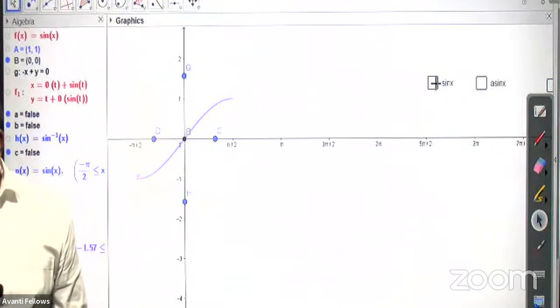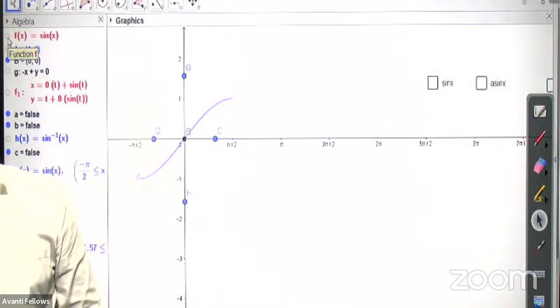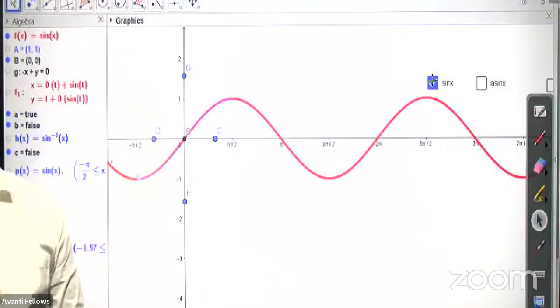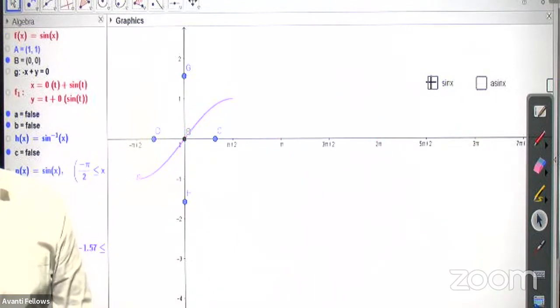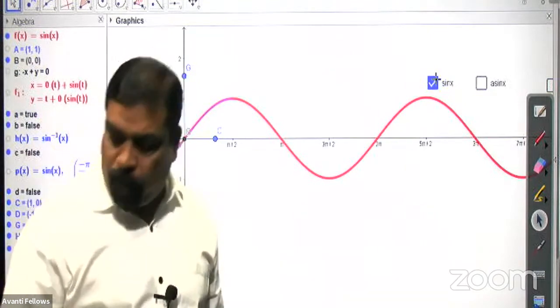Now you see what I have done. This sin x function, I have restricted to a particular interval, that is minus pi by 2 to plus pi by 2. The other portions I have removed, except minus pi by 2 to plus pi by 2.